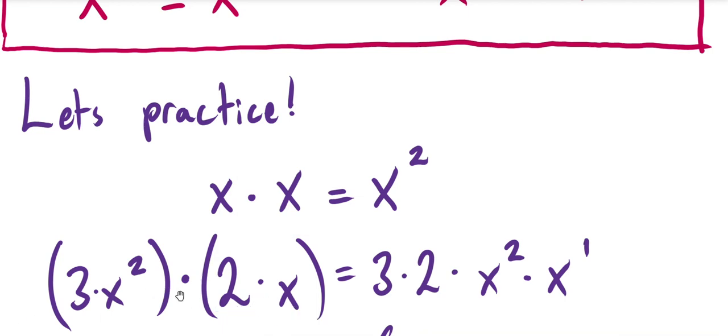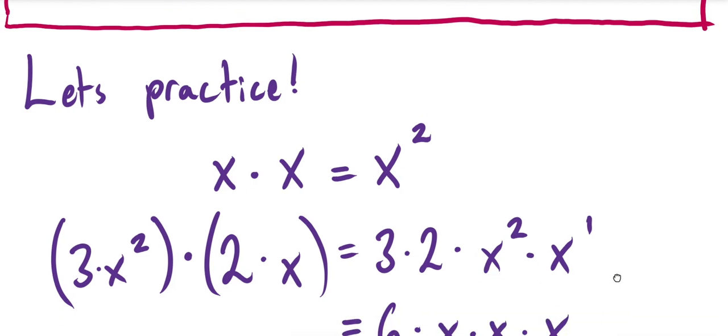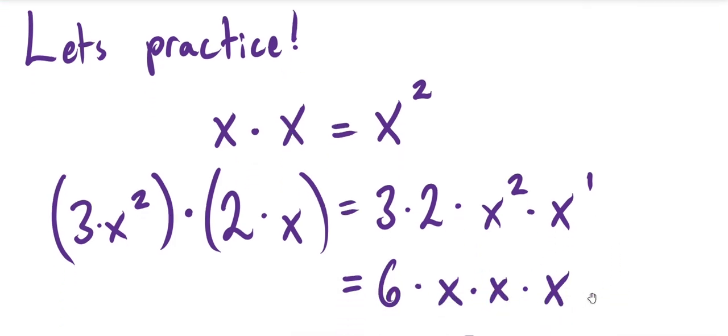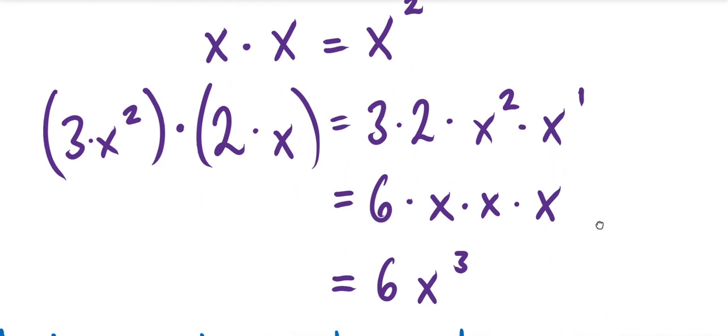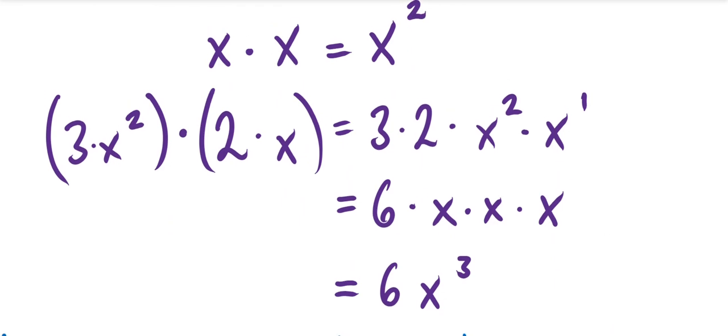If I multiply those two together, well, multiplication can be done in any order. So let's consider the coefficients first. This is 2 times 3. And then we'd have x squared times x. Now, x squared is just x times x. So x squared times x to the first, that's x times x times x. That's 3 x's. So when all the dust settles, we get 6x to the 3rd power.